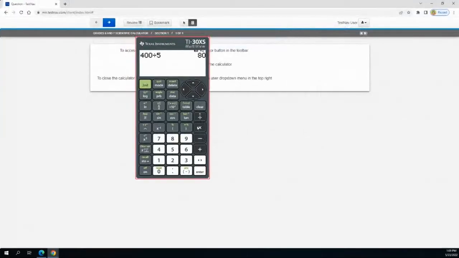If I took 0.4 and I multiply it times 100, watch what happens. I get 40. So what we would do is you would say this is 40%.